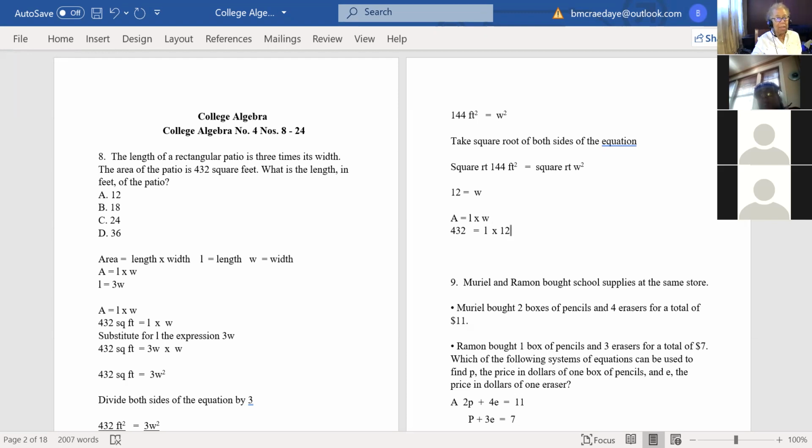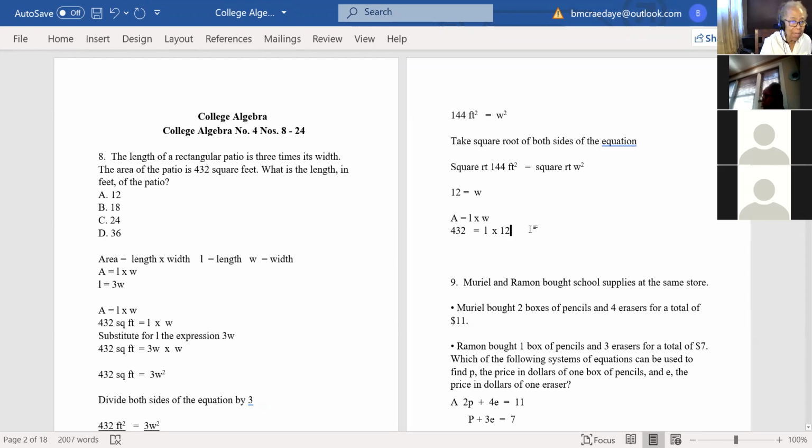Latoya, how do I find length? You multiply. Chastity, how do I find length? Do you multiply 432 by 12? No, remember, you do the opposite operation, right?